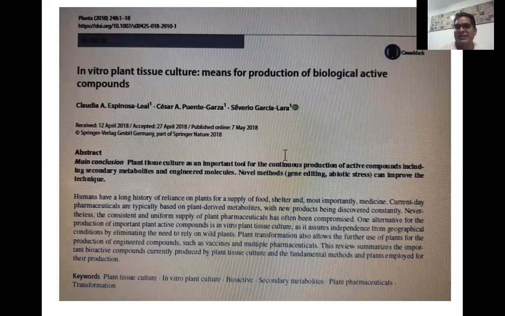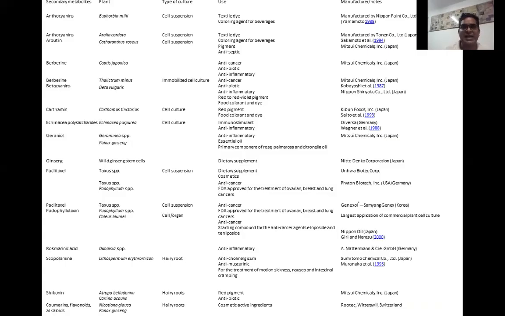This will give the detailed idea behind molecule generation. Plants, that's okay, but you can generate molecules also. These are molecules like anthocyanins, which you can generate from Euphorbia milii, and even berberine, an anti-cancer and antibiotic drug, can be generated from this plant.